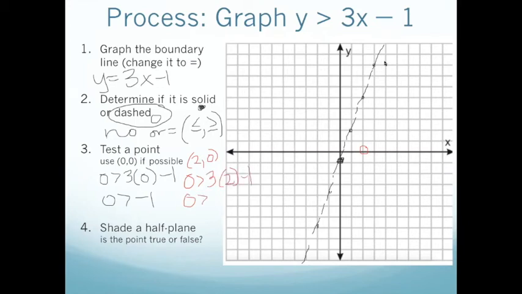Is 0 greater than 6 minus 1? Is 0 greater than 5? No. So that tells me I'm not going to color in the right-hand side. I'm going to color in the left-hand side. Because this is false, I'm going to color in the opposite side. 2, 0 is not part of my solution, so it should not get colored in. And that's what would tell me to put my paint bucket on this side.